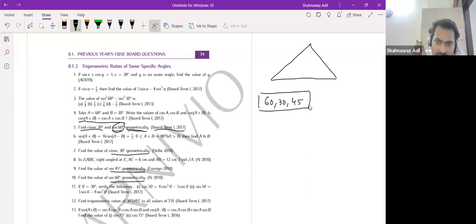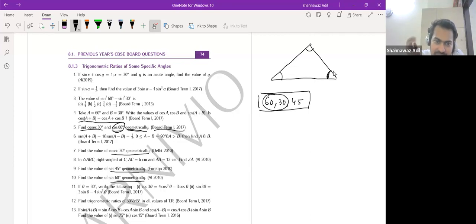And what is the trick? For 60 and 30, you make an equilateral triangle, right? What is the angle of an equilateral triangle, Hashit? If this is an equilateral triangle, then all the angles are equal.